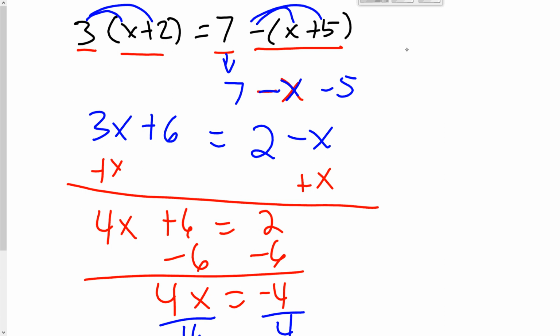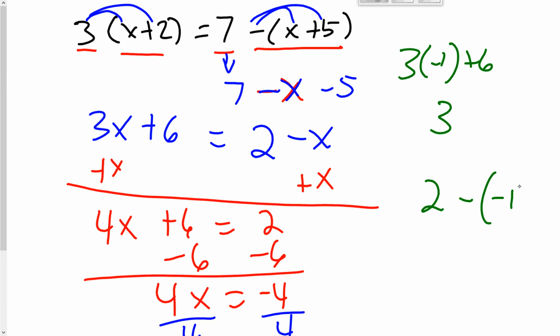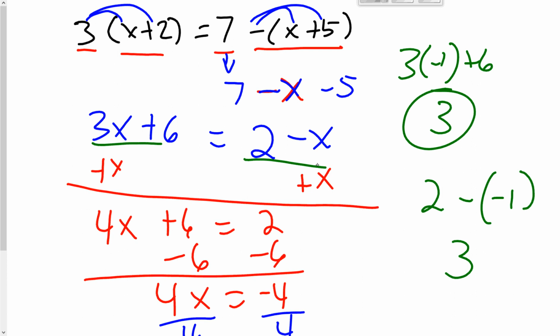So we can plug that in. 3 times x plus 6. -3 plus 6 is +3. Now we can do the other side. 2 minus x, which is -1. That's 2 minus a -1. That's a 3. So both sides equal 3 when I plugged it into this part right here.